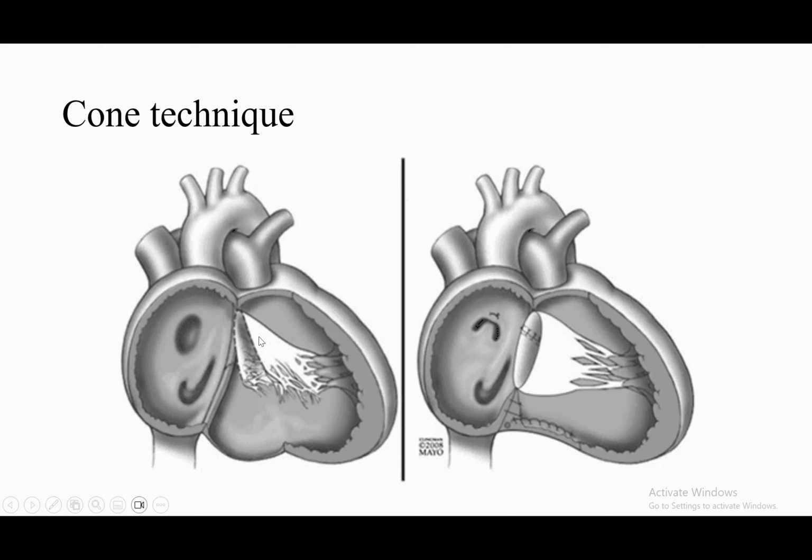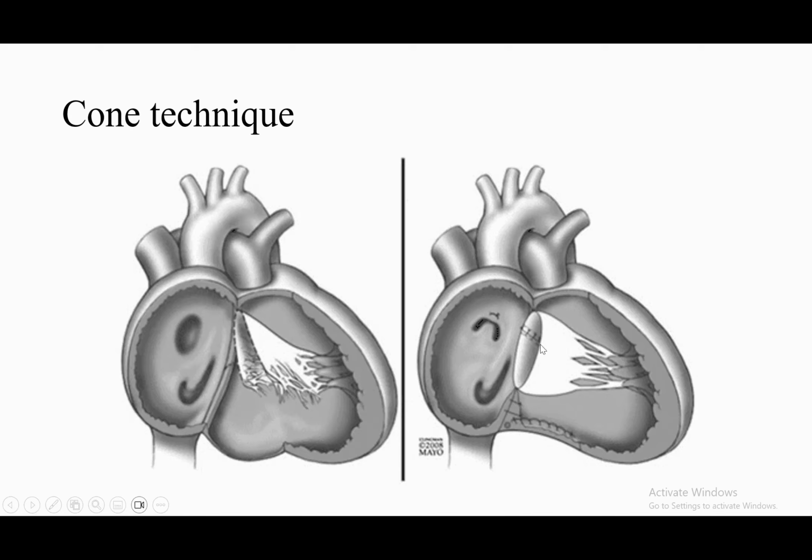We detach the leaflets from their insertion into the right ventricle, and then we take this large anterior leaflet and we shape it into a cone.